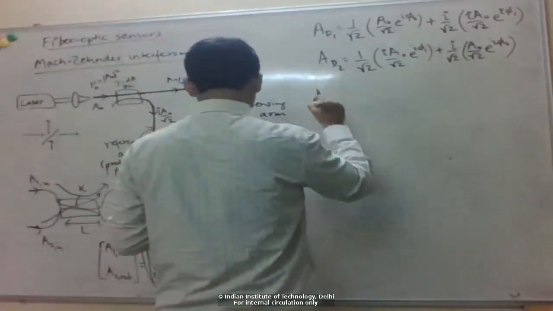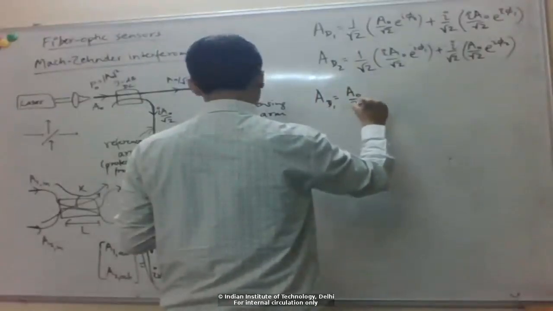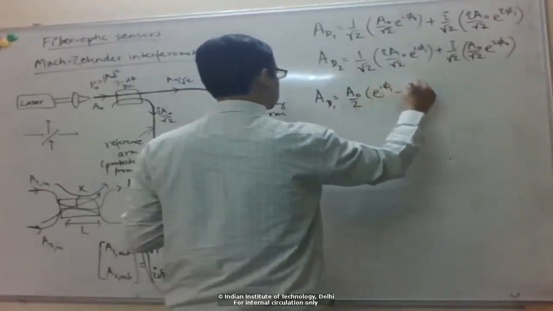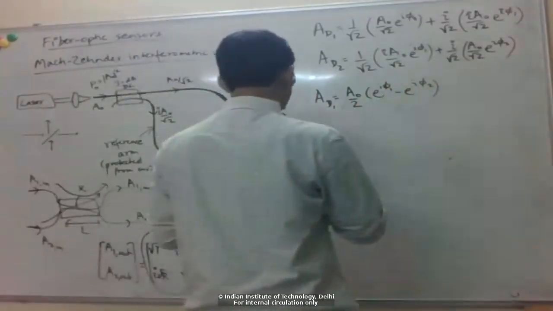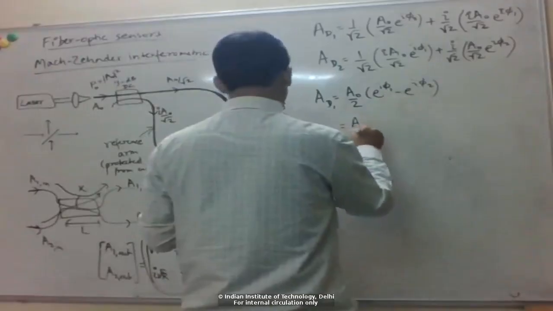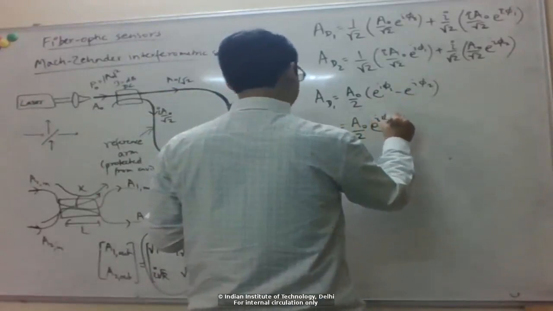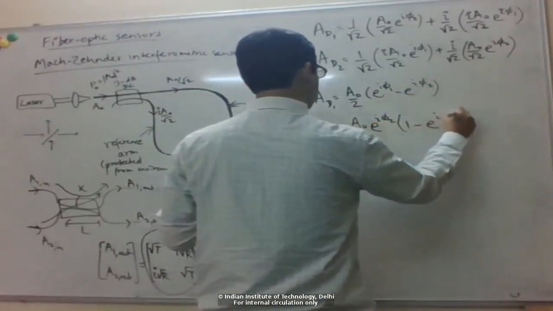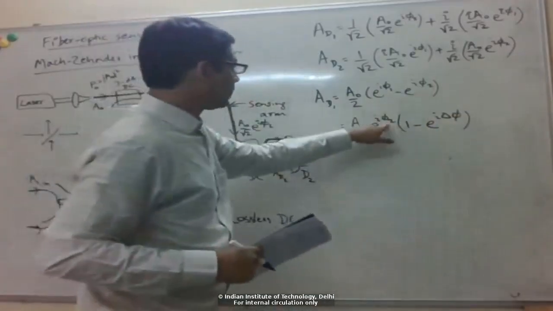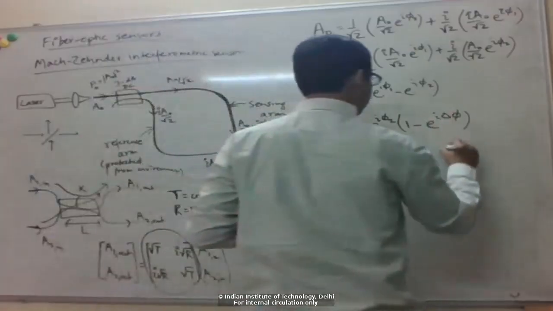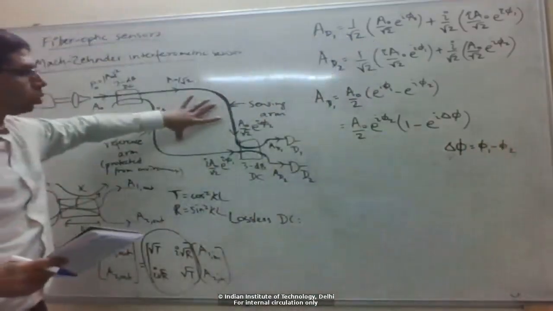So you can simplify these equations a bit. So A_D1 you can see comes out to, and write this as, so I take e to the i phi 2 out common, and then delta phi here is phi 1 minus phi 2, the difference in the phase between the two arms.